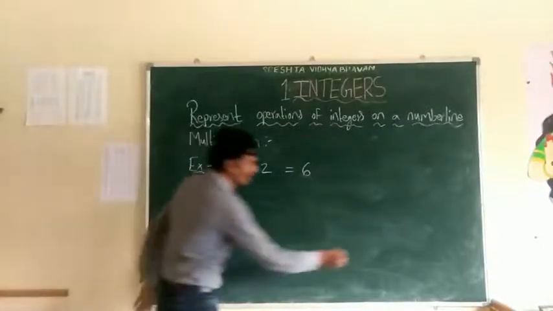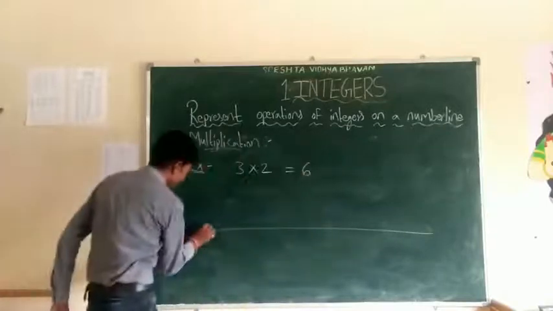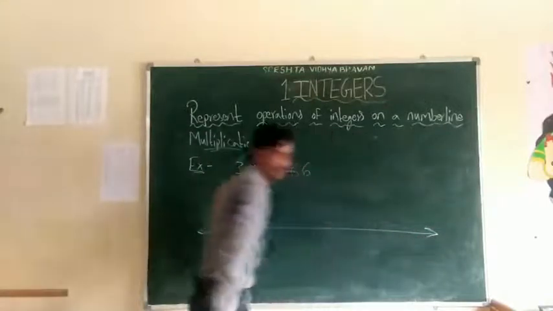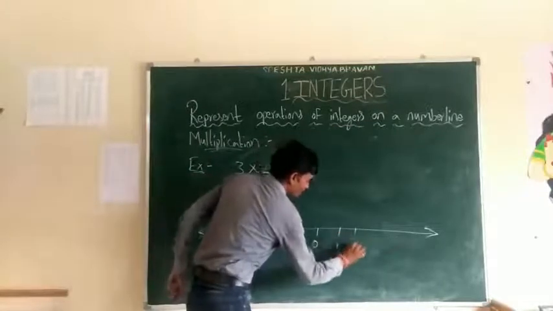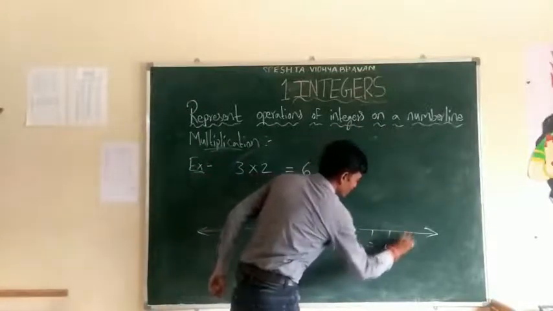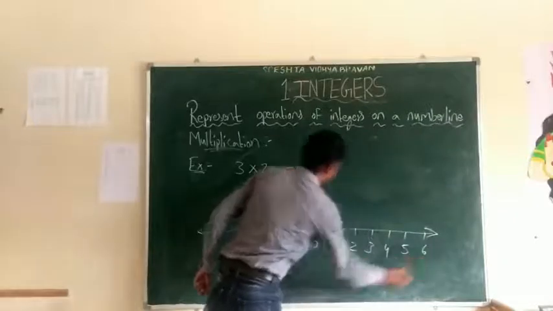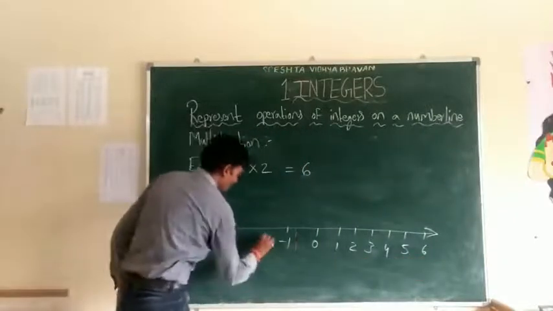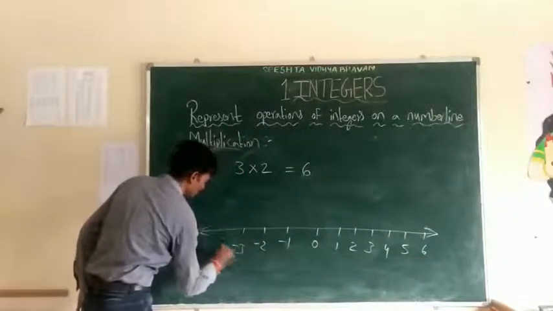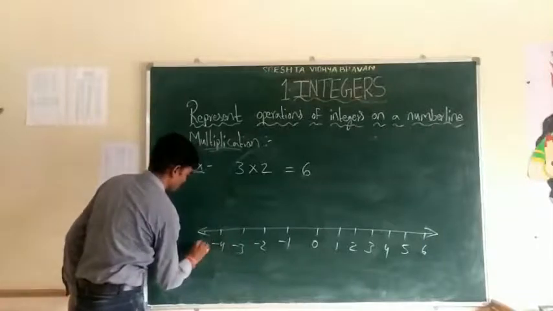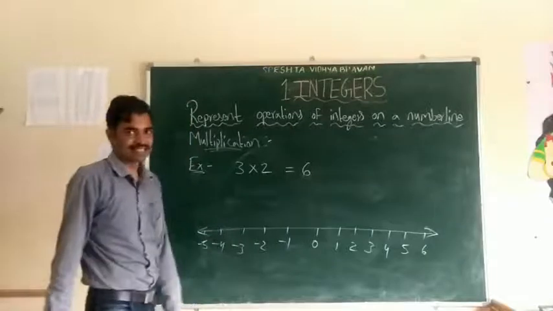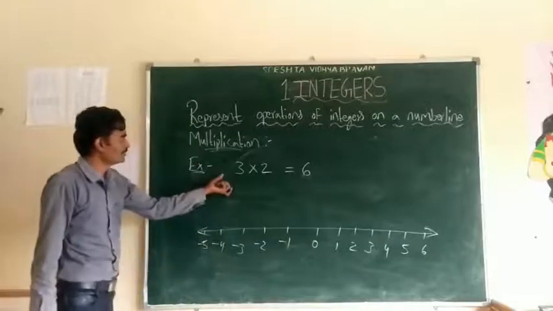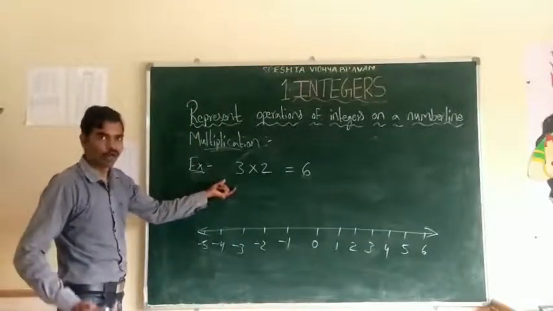We have to show it on the number line, which has 0, 1, 2, 3, 4, 5, 6, and here negative 1, minus 2, minus 3, minus 4, like that. Now how do we multiply?